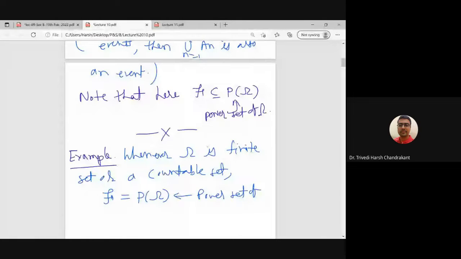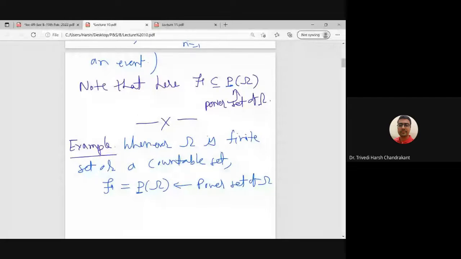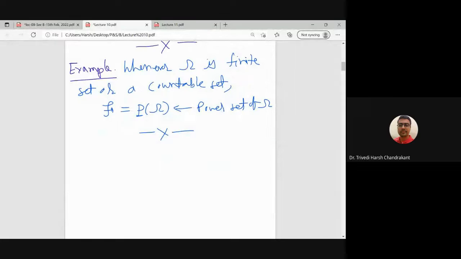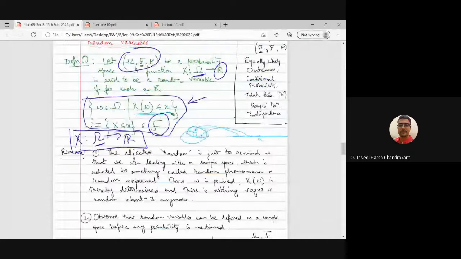So do not confuse this with probability, right? This is the power set. This is not the probability function. This is just a remark which you must have observed earlier also, but we need to mention it explicitly. Last lecture we discussed the random variable.